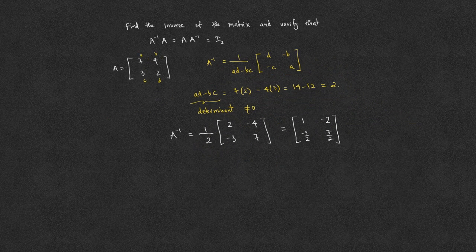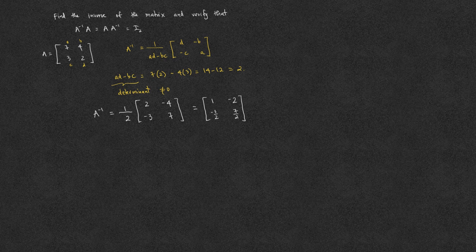We still need to verify this. To make sure that this is indeed the inverse of the matrix A, we take A times A inverse, or A inverse times A, where A is 7, 4, 3, 2, 2 rows, 2 columns, and the matrix A inverse is 1, negative 2 as the first row, negative 3 over 2, 7 over 2 for the second row.